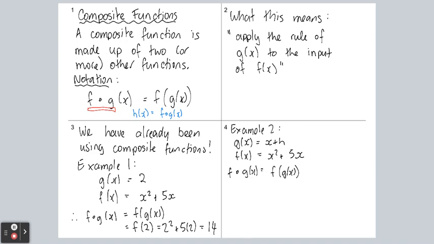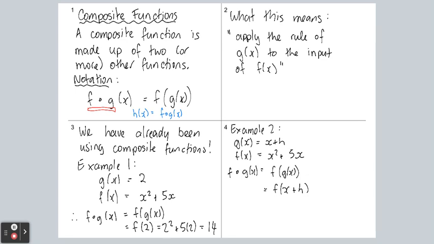Is that okay? It's not too small down the back? Or is it? Let me know. All good? Cool. Okay, this is what the new function is going to look like. It's going to be whatever turns out once I've applied g of x to f. Well, what is g of x? Not just a number this time, it's x plus h. And so f composed with g of x is equal to f of x plus h.